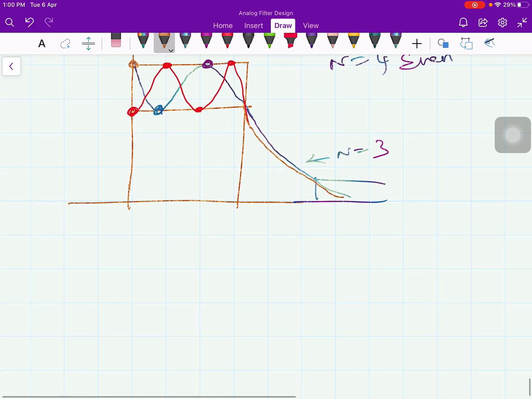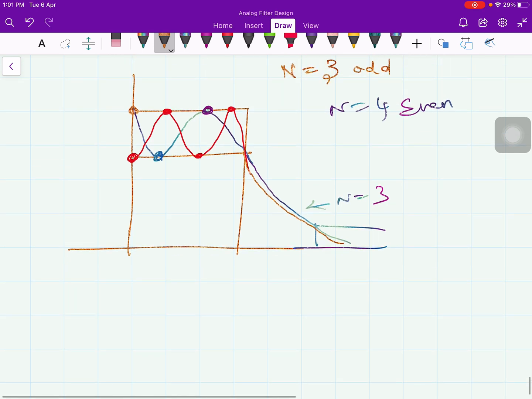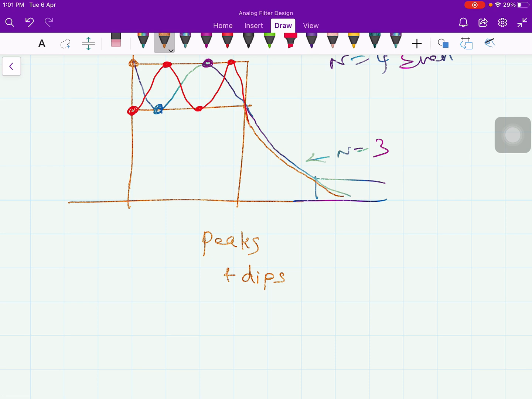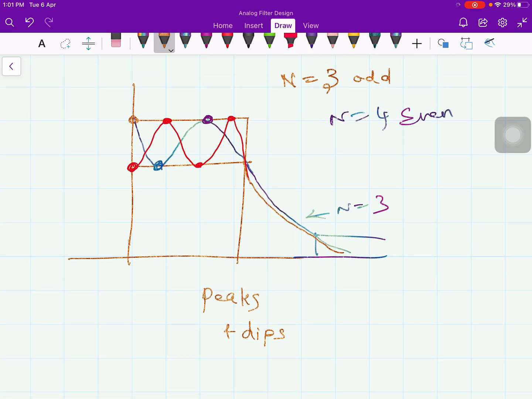So it proves one point, that is, the number of peaks and dips in the pass band is exactly equal to the order. See, the red curve is n equal to 4.